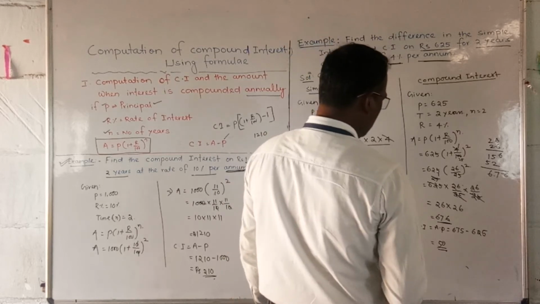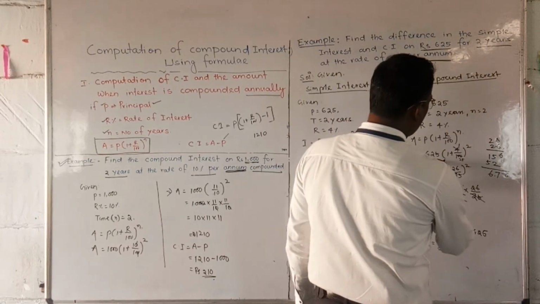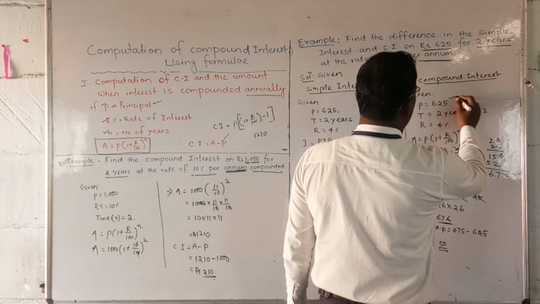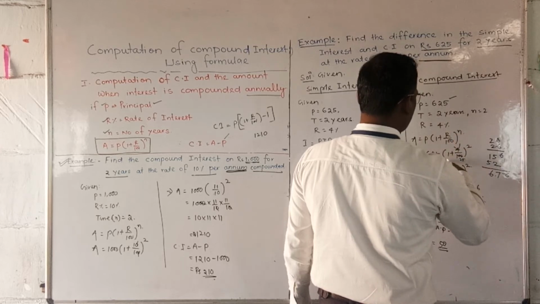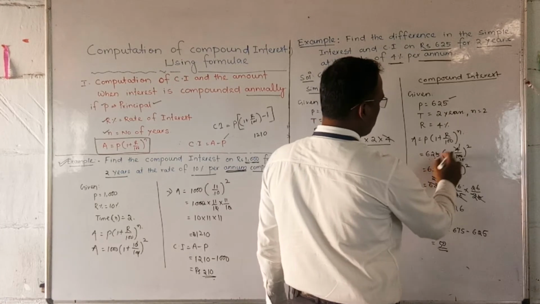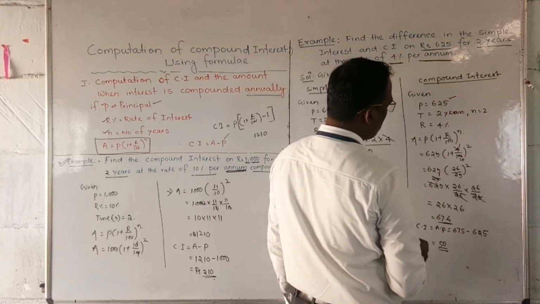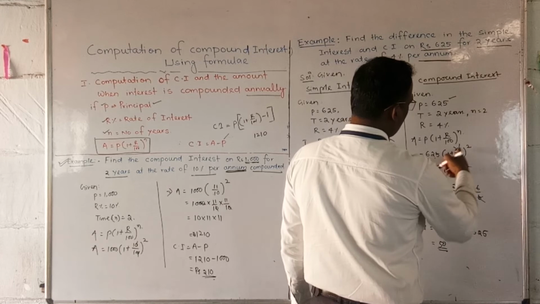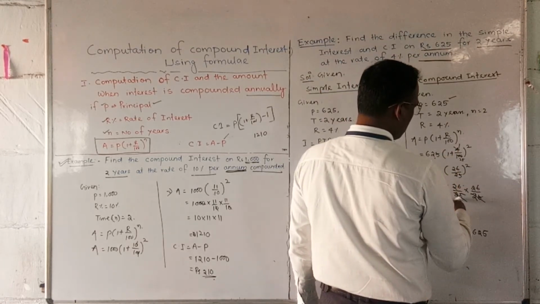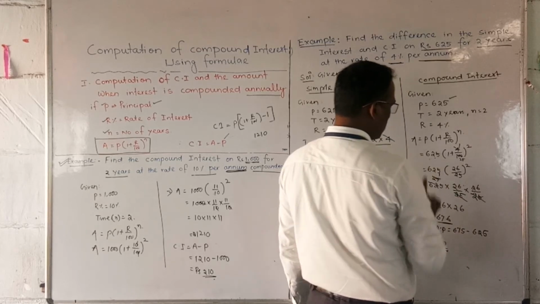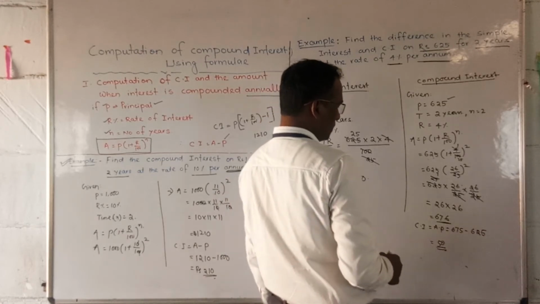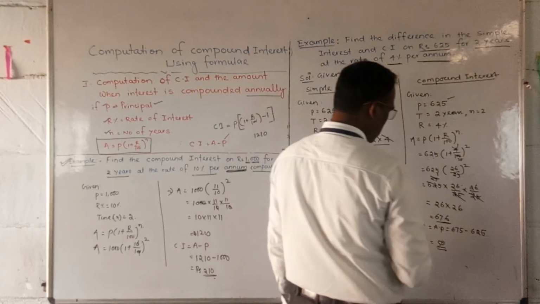We can check once where the mistake is. 625 is our principal, 2 years time. Yes, okay, once we can check. 625 plus 1 by 25, 1 and 25 is 26 by 25 into 26 by 25, 625 into 26 by 25.